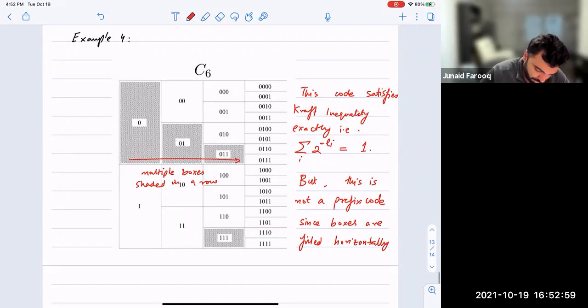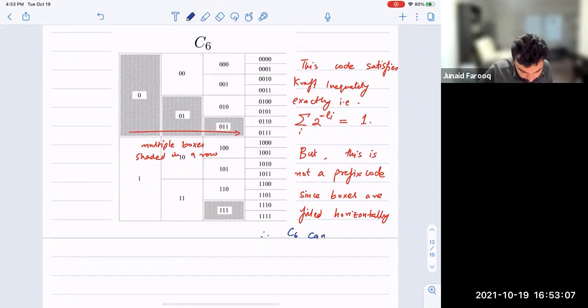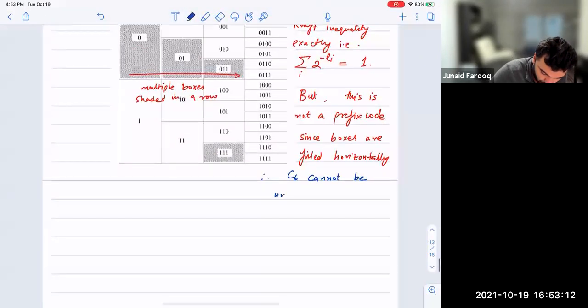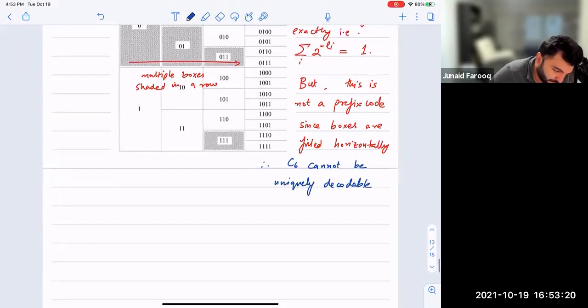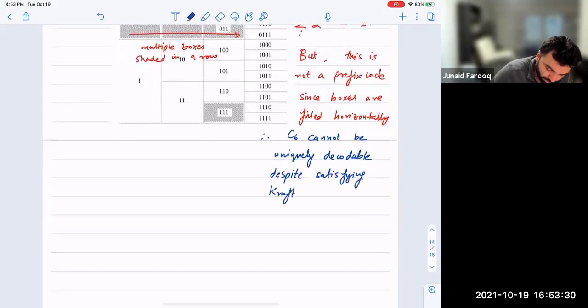So what it means is, therefore C6 cannot be uniquely decodable, despite the fact that it satisfies the Kraft inequality exactly.